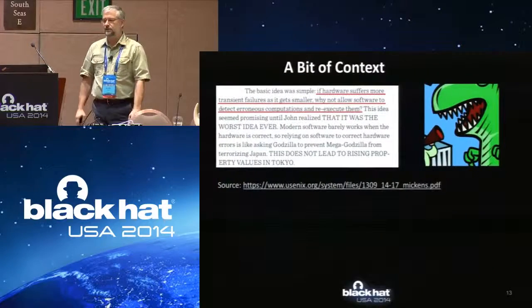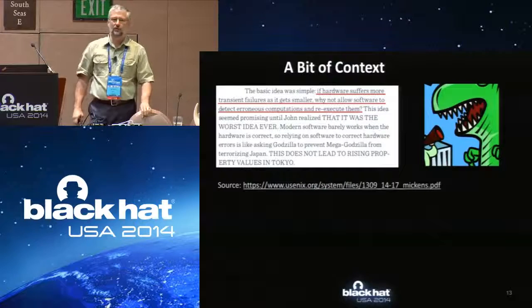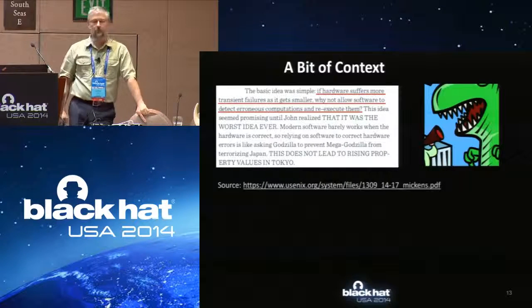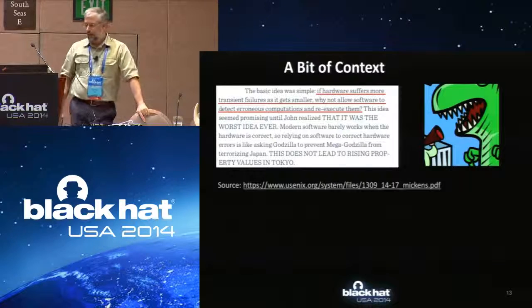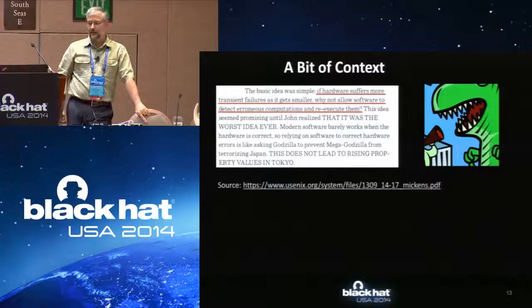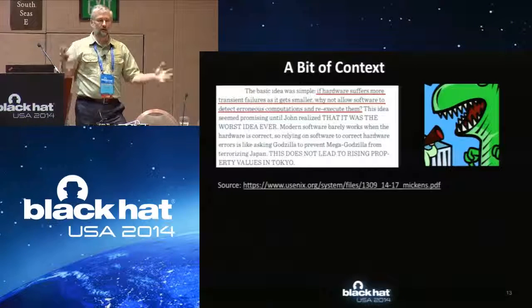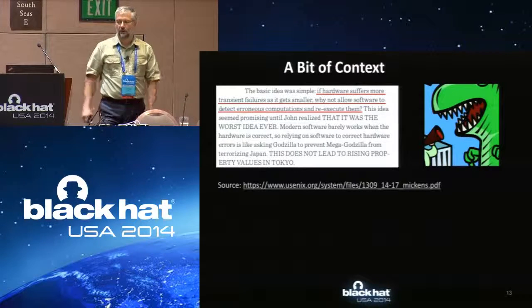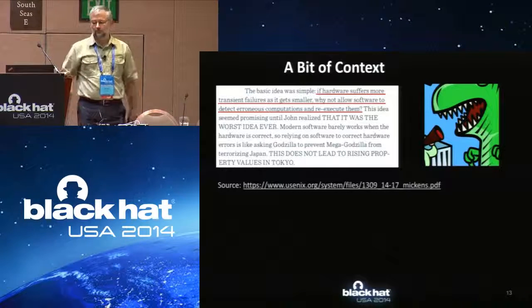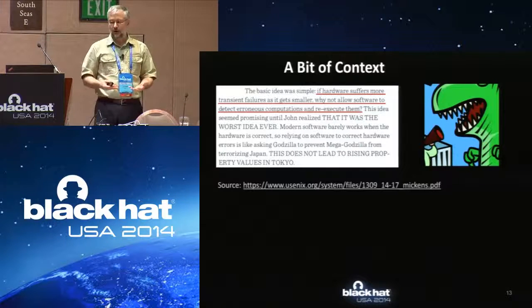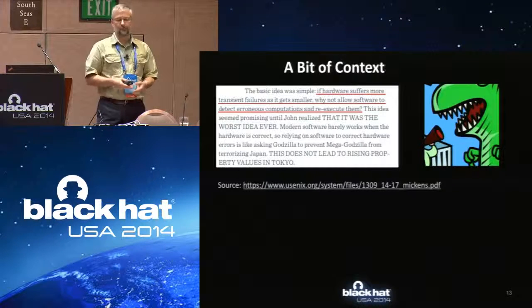There is a hilarious explanation of that technology in a Usenix post from one of the Microsoft guys. Mickens is his name. And he was writing there that as hardware is getting smaller and smaller, you just allow the computations to go ahead, and if they produce an error, you re-execute them.